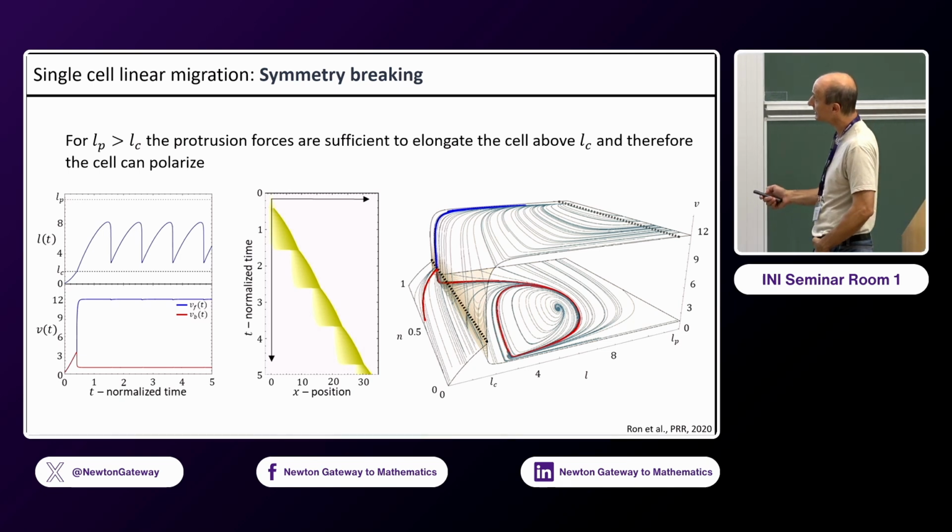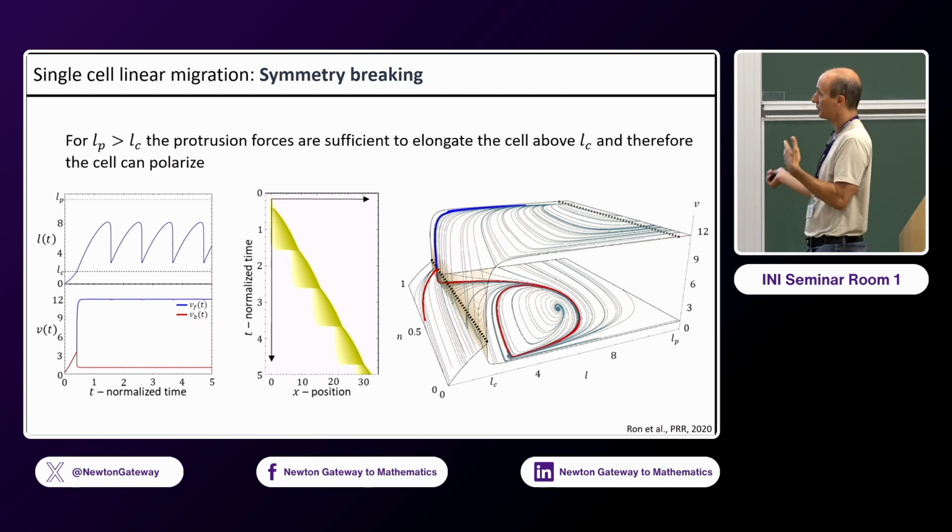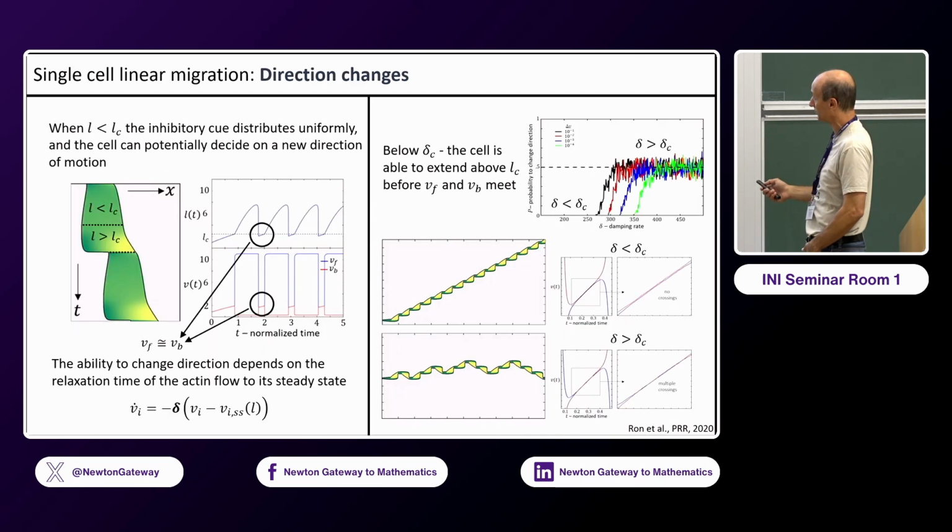What you see in this case is that after each stick-slip event, you never go back to being so short that you are losing polarity. Remember, below this critical length, the cell loses its polarity and doesn't know what is front and back, because the solution is that it should have the same polymerization from both sides, so it doesn't have any intrinsic polarization.